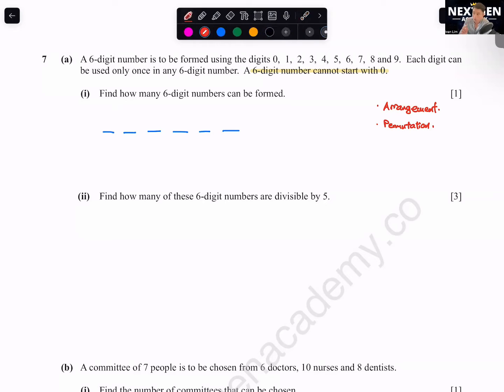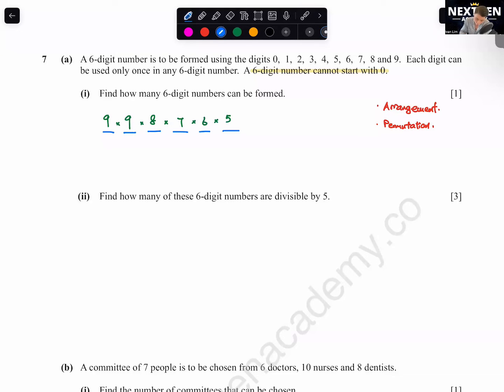I'm going to show you both, but later on I'll just do all in permutation. Method 1: I can put 9 choices here, because I can put 1 to 9 underneath. Then my second digit onwards, after I use one digit, I still have 9 digits: 9, 8, 7, 6, 5. You multiply. This is called the arrangement method.